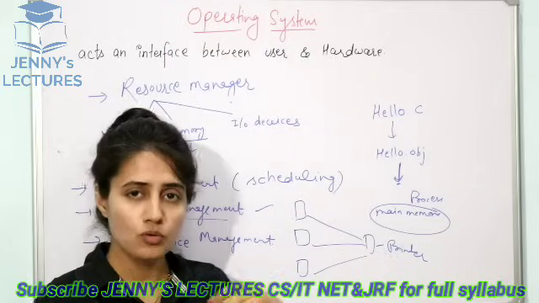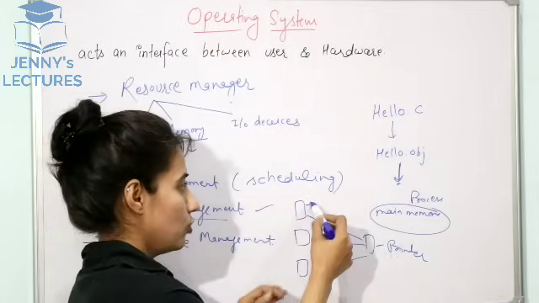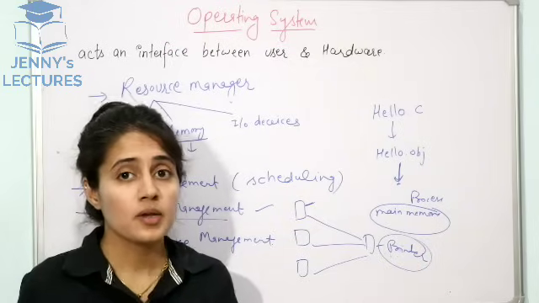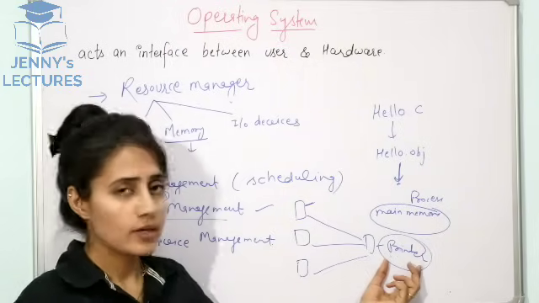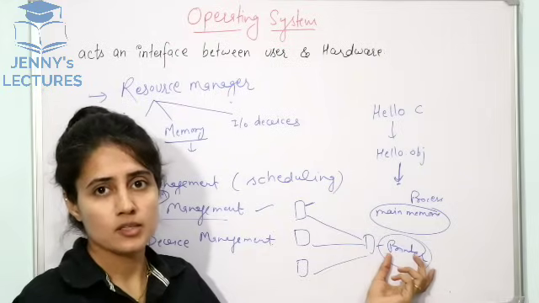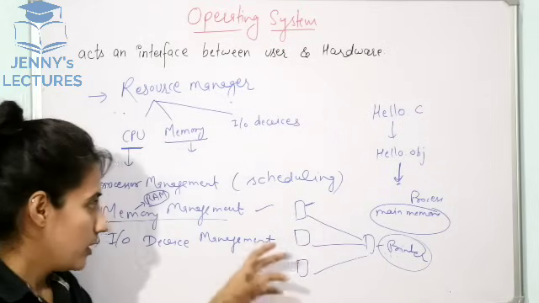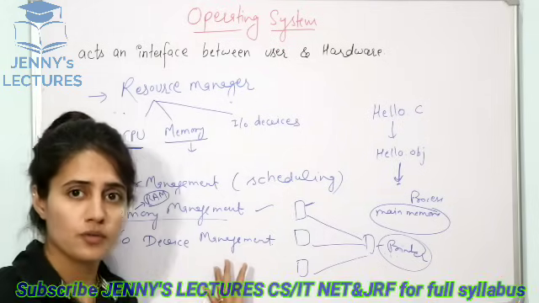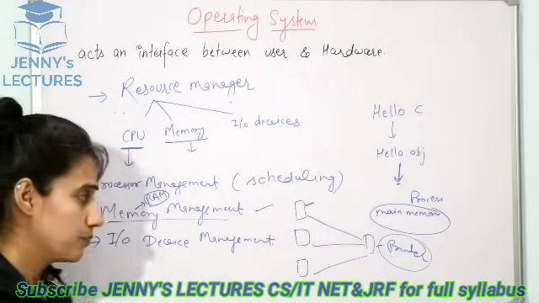So the operating system has to manage which process, or which user, is going to access the printer, and at what time. It is not that every user can use the printer at the same time, only one user can access the printer at one time. So it is the responsibility of the operating system to allocate and manage all the IO devices among the processes, or among the users.